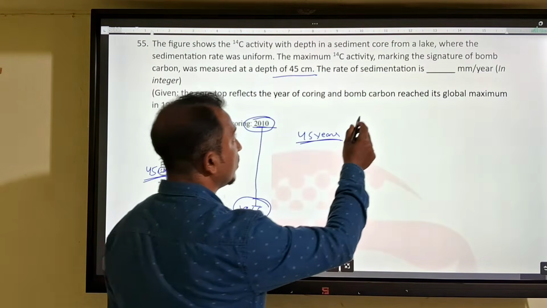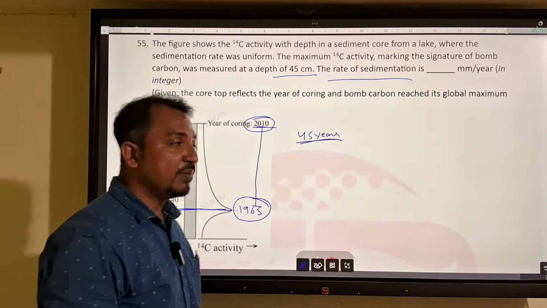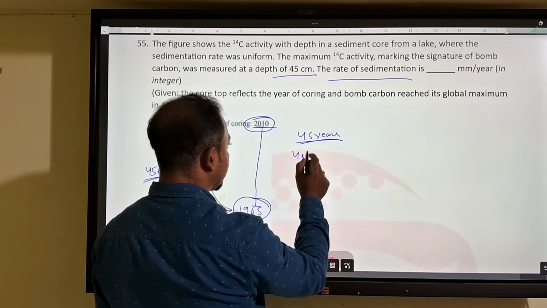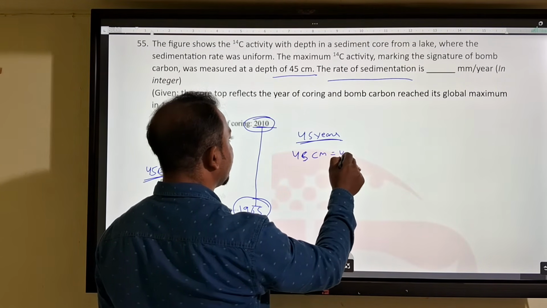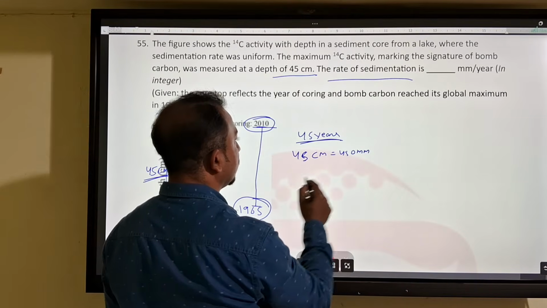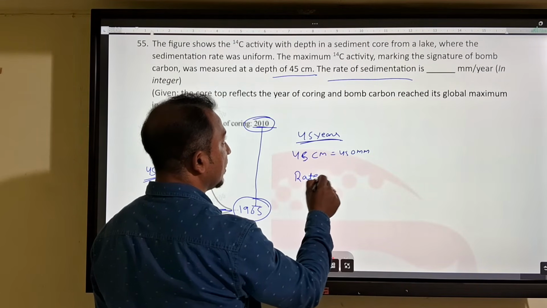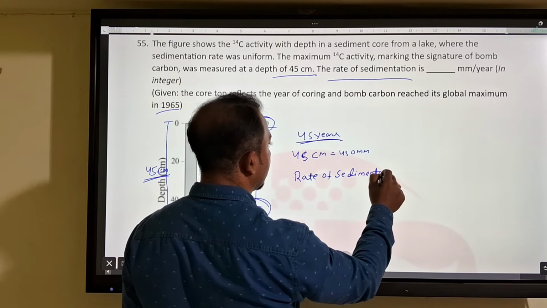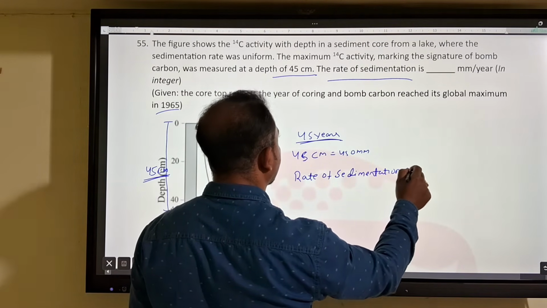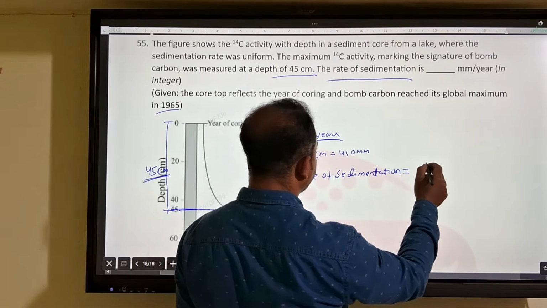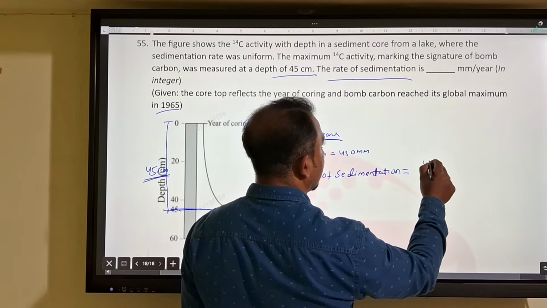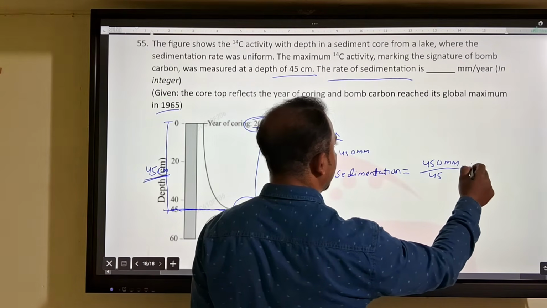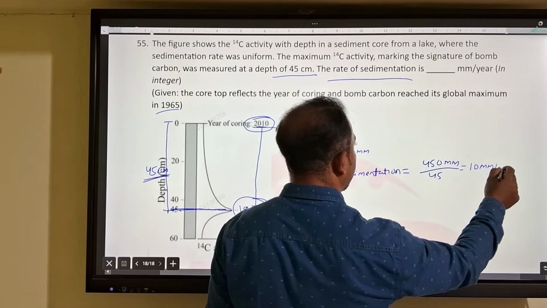So rate of sedimentation is asked in mm per year. So 45 centimeter will be 450 mm. Now the rate of sedimentation will be 450 mm divided by 45, it will be 10 mm per year.